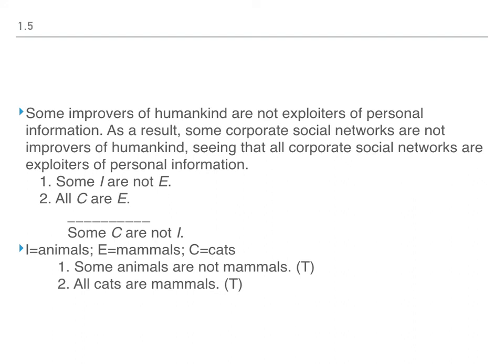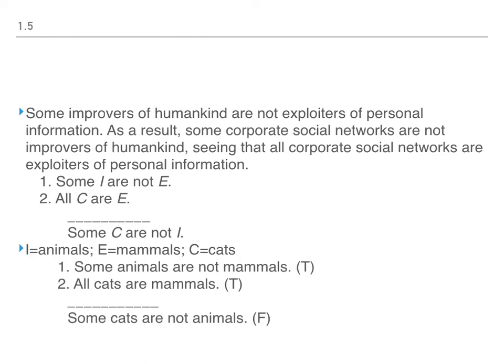All cats are mammals is a true statement about the category of cats. And then the conclusion would be that some cats are not animals. That's false, because semantically it means that at least one cat is not an animal, and we know that's not the case. So showing that the premises can be true while the conclusion is false shows that this argument pattern is invalid.